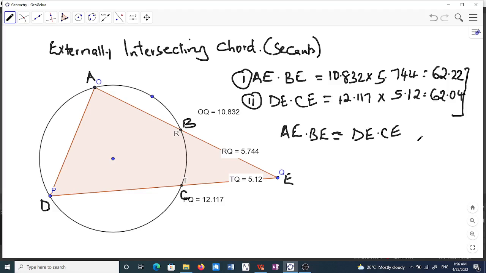So where do people go wrong in this particular question? Because of the concept of internally intersecting circles or chords, some people just multiply the relationship that AB times BE is equal to DC times CE.